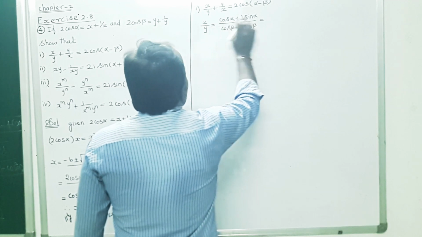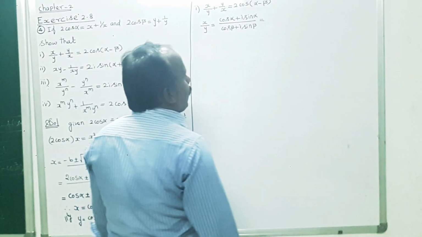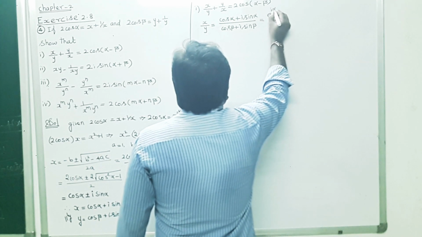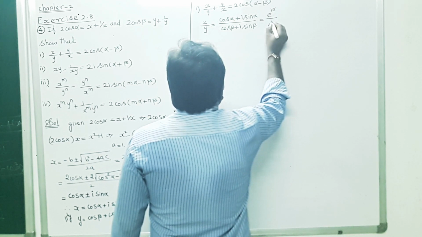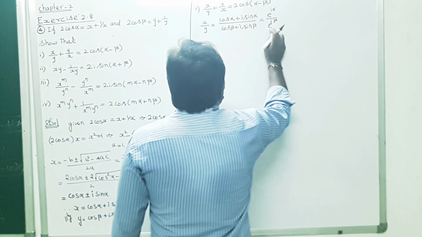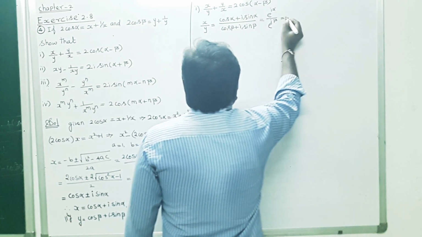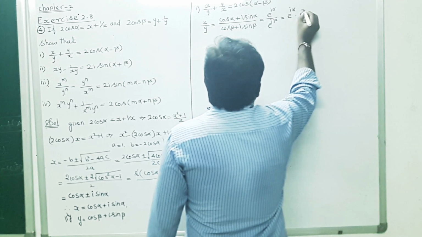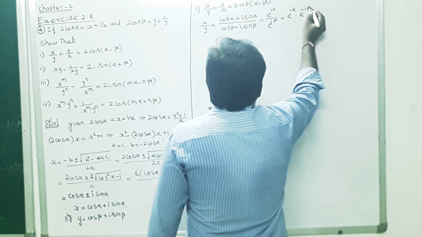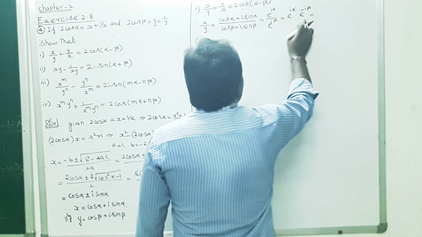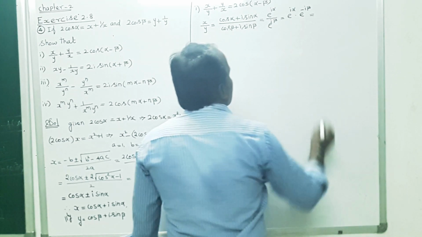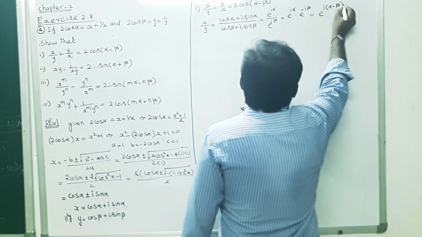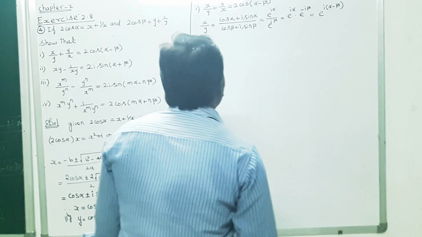This is the complex polar form in trigonometry, so convert to exponential form: e power i alpha divided by e power i beta. The denominator goes to the numerator, so e power i alpha into e power minus i beta, the base is common, so powers are added: e power i into alpha minus beta.